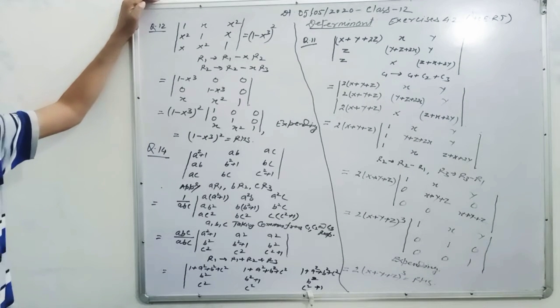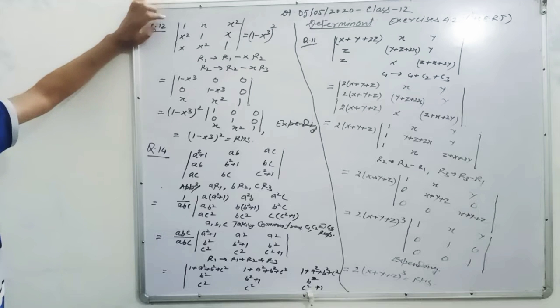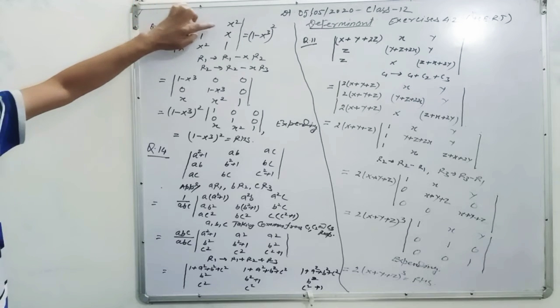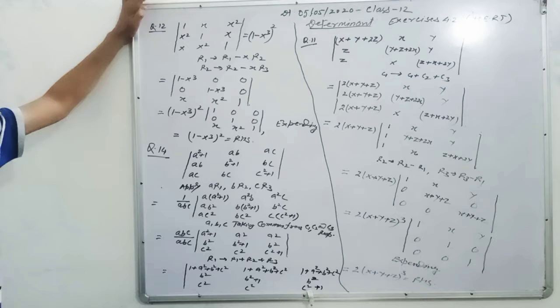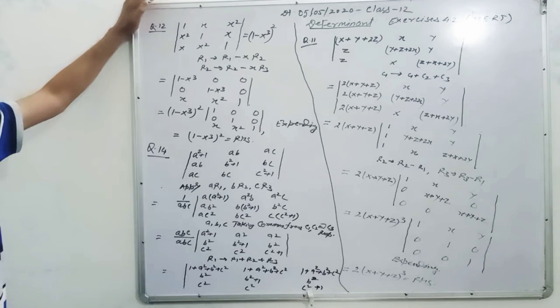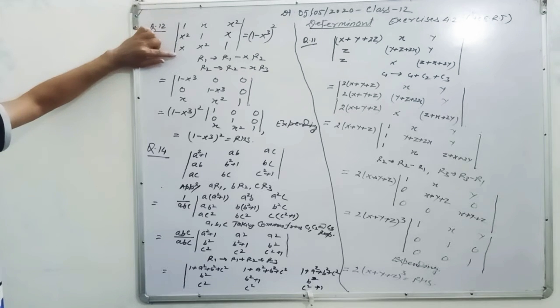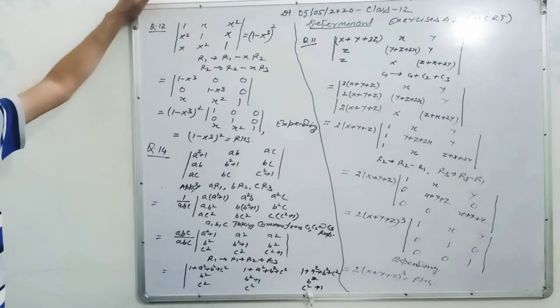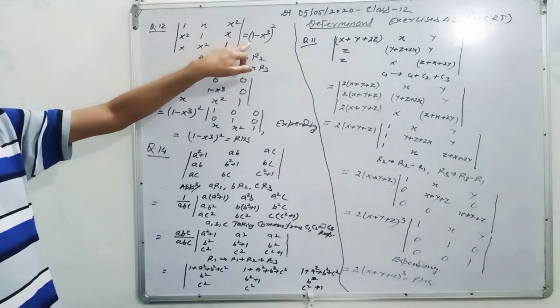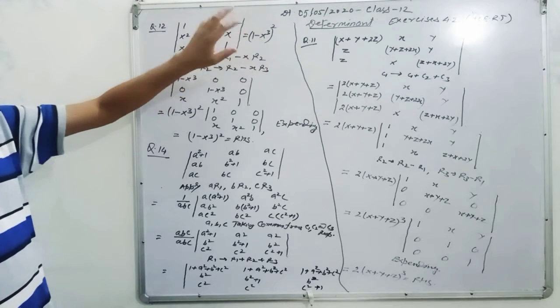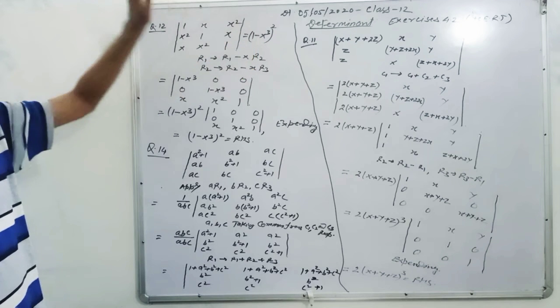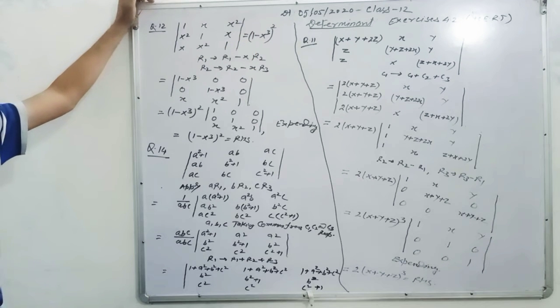In this question your determinant is 1, x, x square in first row, x square, 1, x in second row, and third x, x square, 1, is equal to (1 minus x cube) whole square. Here you have to prove this result using property.